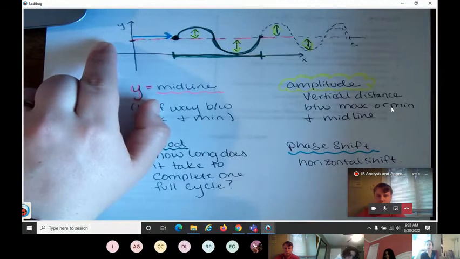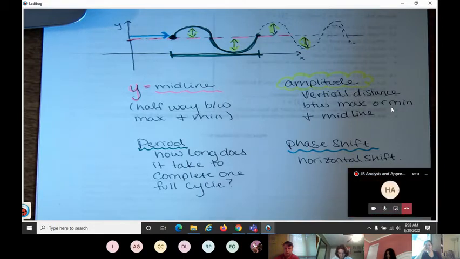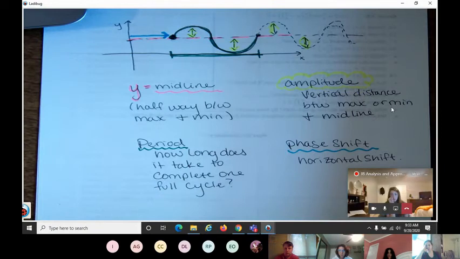So you have to have a lot of given information to know the phase shift, unless you're given the equation at first, and then it should be pretty easy to see. What questions do you guys have about that vocabulary? Any questions at all?